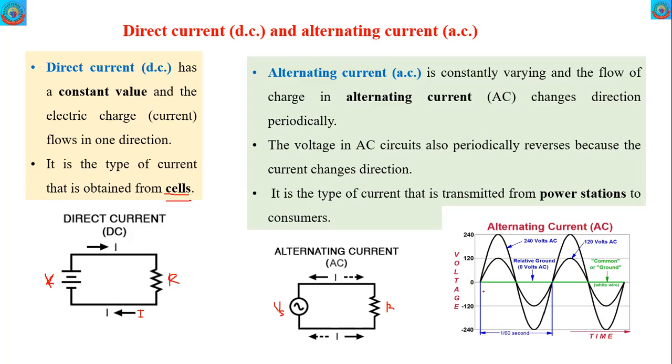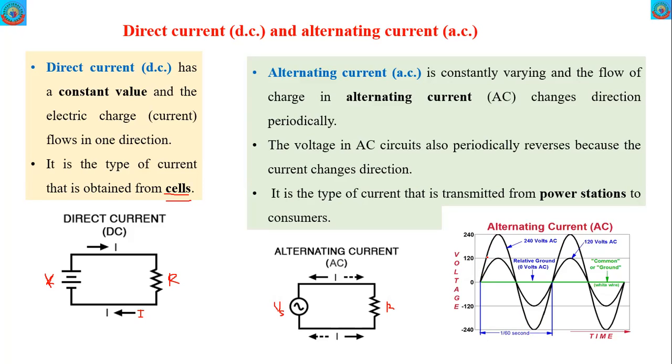The sine wave starts at the zero axis, then goes to the peak point. After it reaches the maximum value, it returns to the mean line, the zero line. The mean position is zero, that is the common or ground point. So it is making it like this. አሁን ለምሳሌ ይሄ ምንድነው 240 volt AC alternating current.